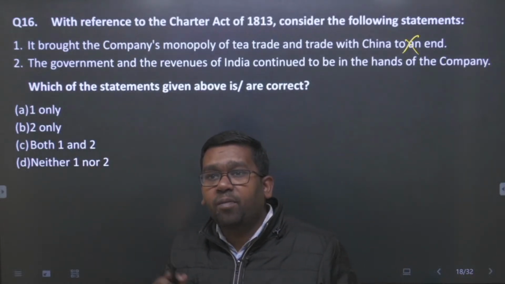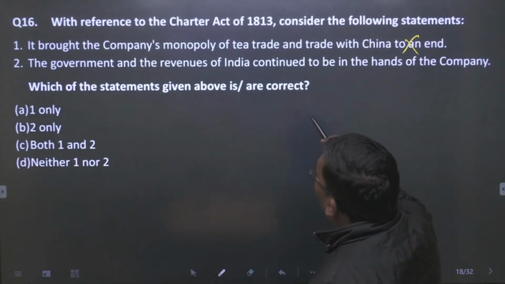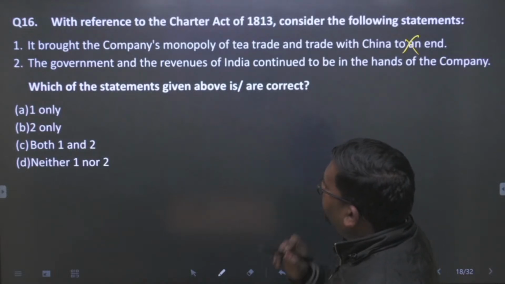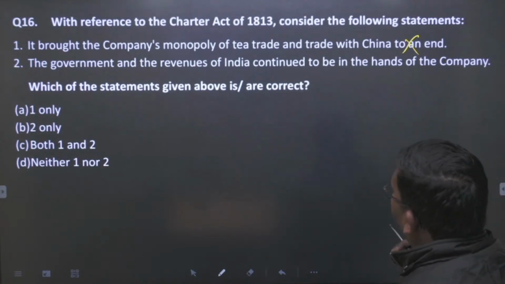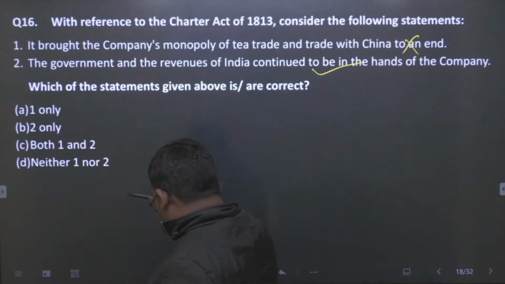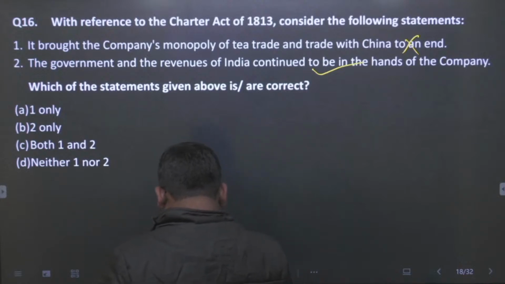It was done only in the Charter Act of 1833. So this statement is false. The government and the revenues of India continued to be in the hands of the company. This is true. So only one will be the answer of this question.